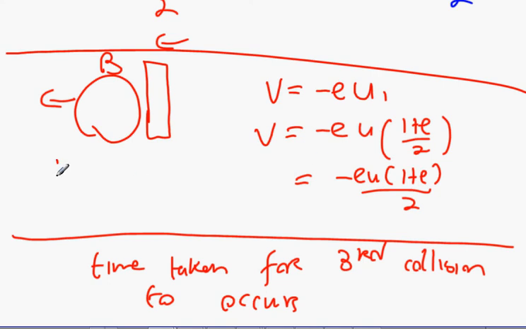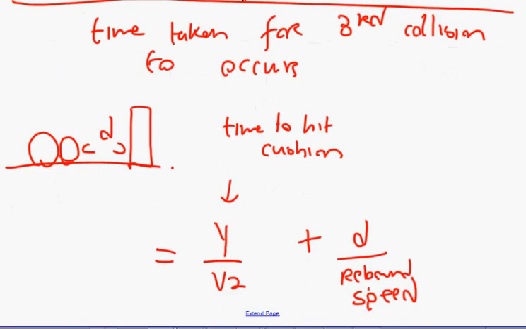Like if I said I cover 10 meters with a velocity of minus 5, it's still 2 seconds. It doesn't matter that it's 2 meters to the left or 2 meters to the right. So that's why we're going to take the positive version of this. So it's going to be eu1 plus e all over 2.